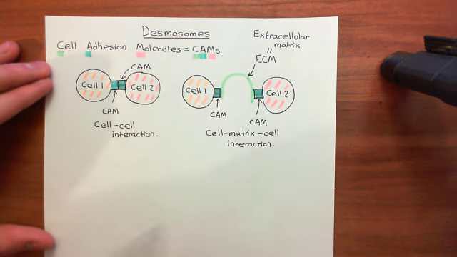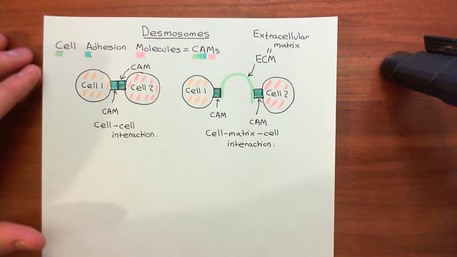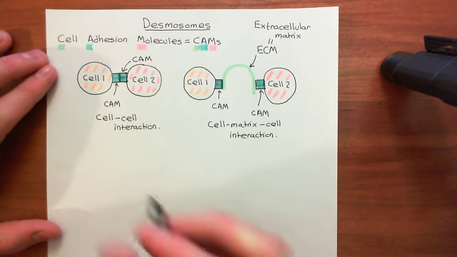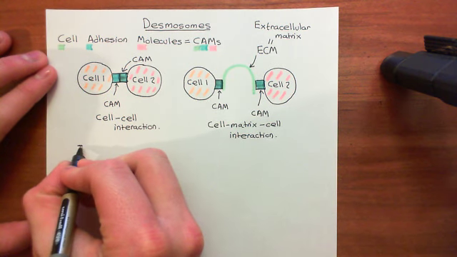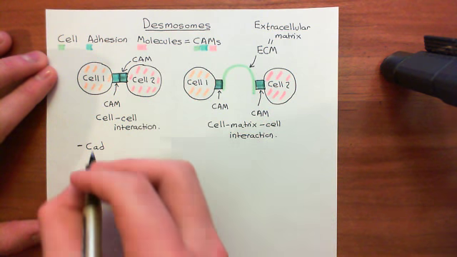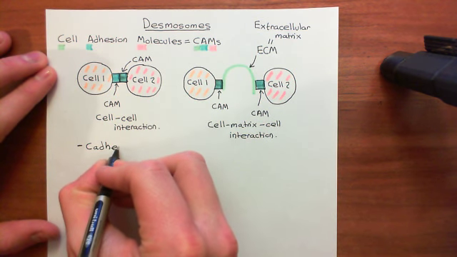Right. So let's now talk about the different families of cell adhesion molecules, because there are 4 superfamilies of cell adhesion molecules. The first great superfamily which cells have on their surfaces are known as the cadherins.